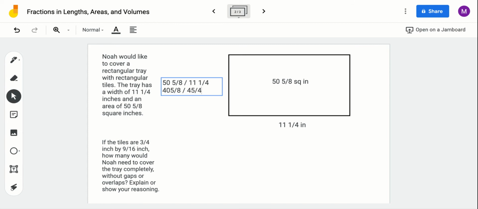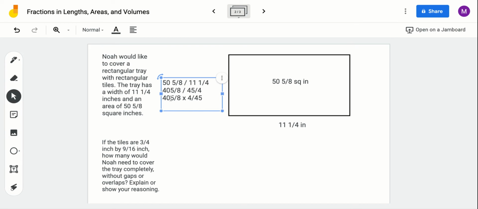45/4. And then, as we learned, when I'm dividing by a fraction, I can multiply by the inverse and get the same answer. So 405 divided by 8 times 4 divided by 45. Now, what is kind of nice, 450 would be 10 45s. 450 minus 45 is 405.